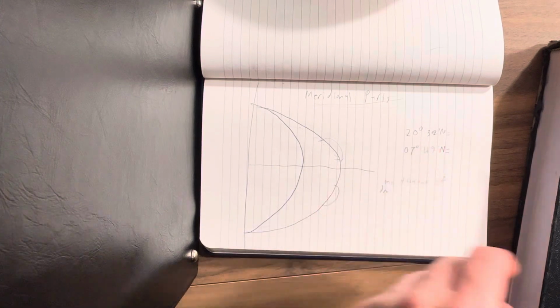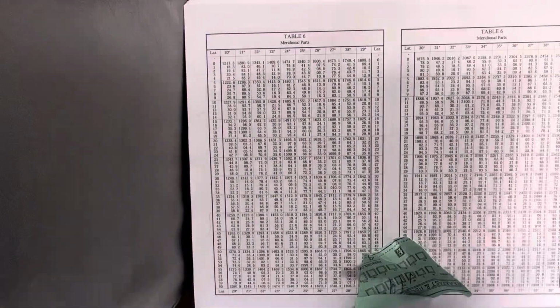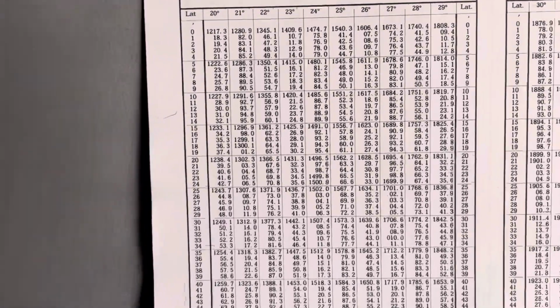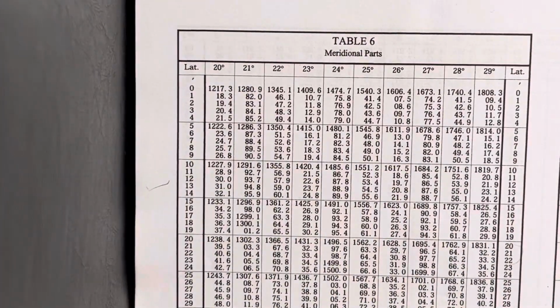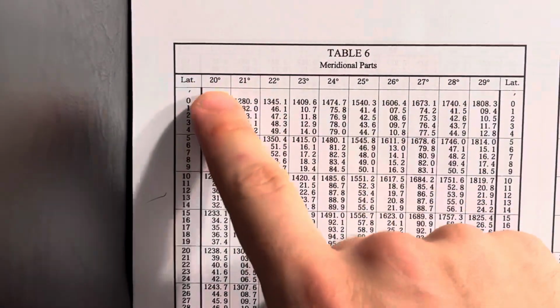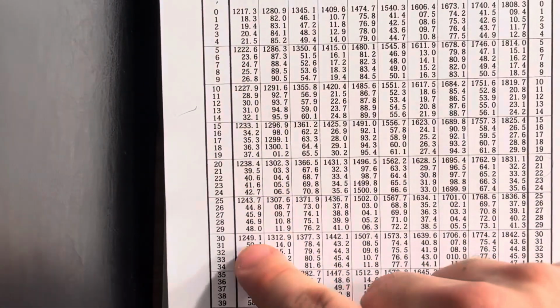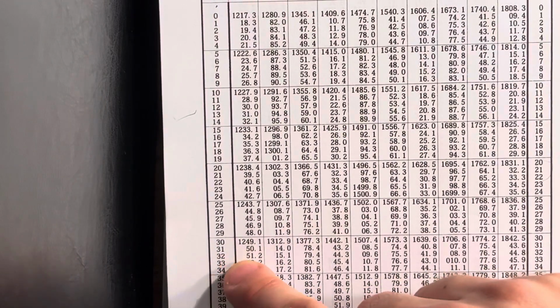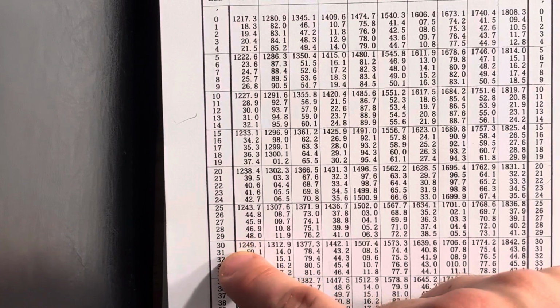So we'll start with 20 degrees 32. Open up Bowditch. Here's the section that is devoted to 20 to 30. So we go to a 20 degree column and we follow the rows down till we get to 32 right there. 51.2, you bring down the leading two numbers.